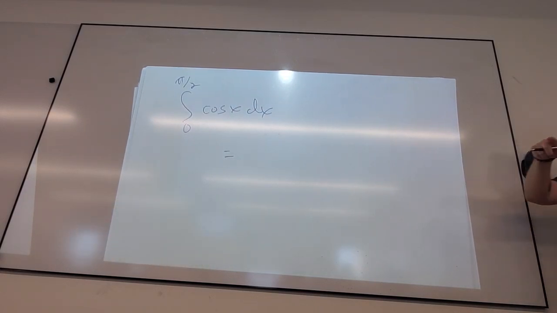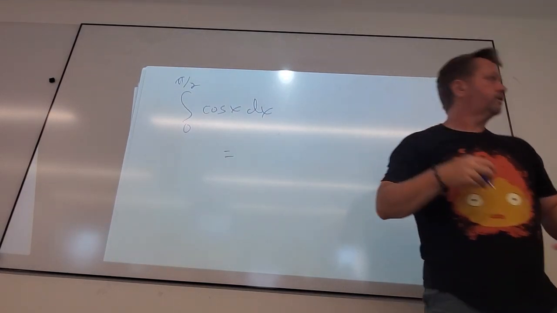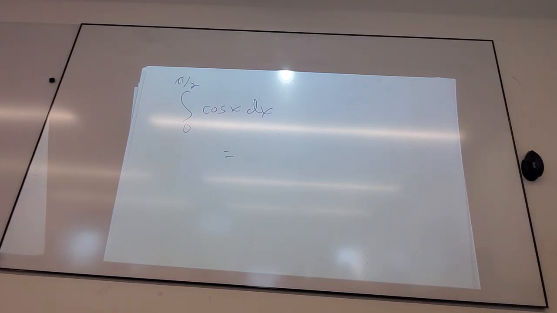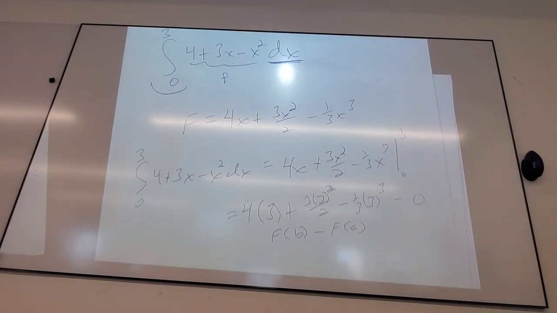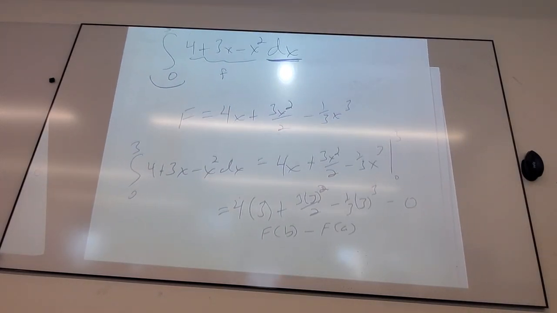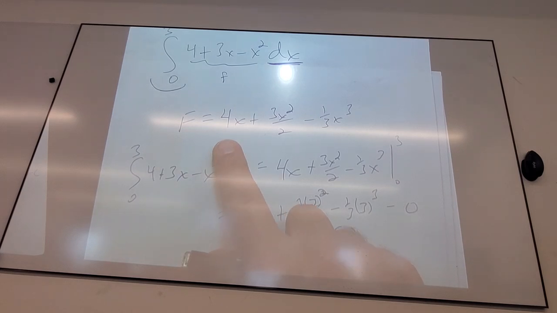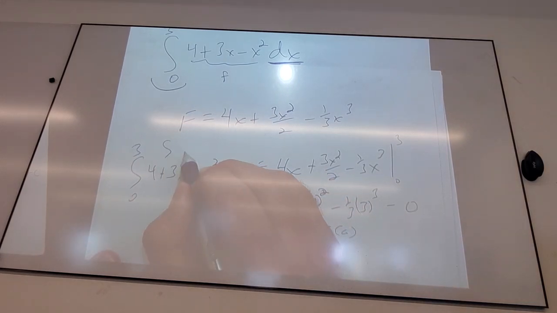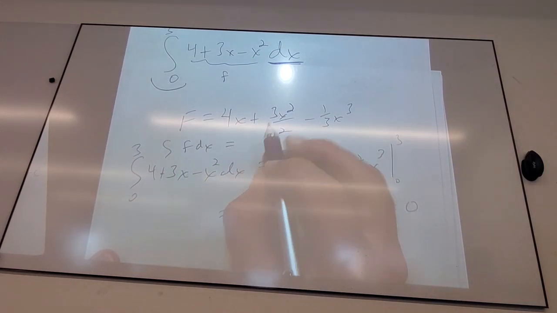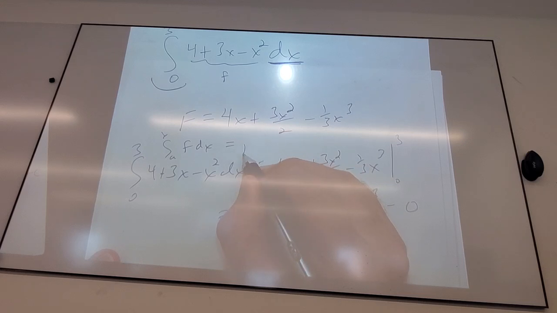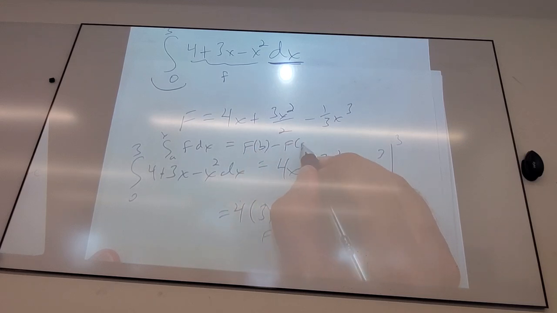Sorry, I was confused on how you got from the left side to the right side in the middle part. Because the integral of little f from a to b is equal to the antiderivative evaluated.